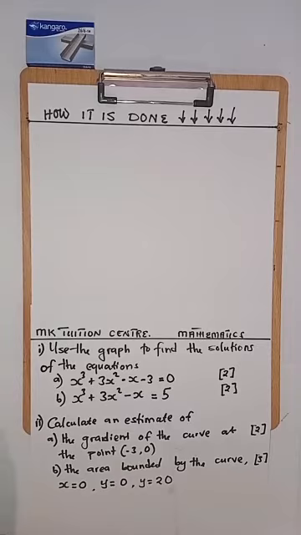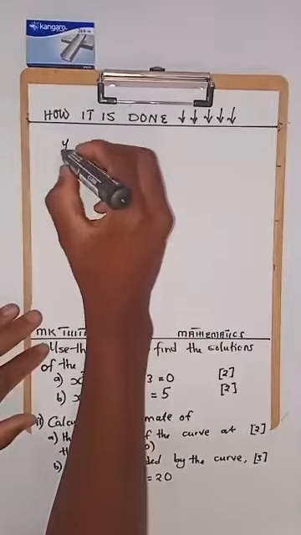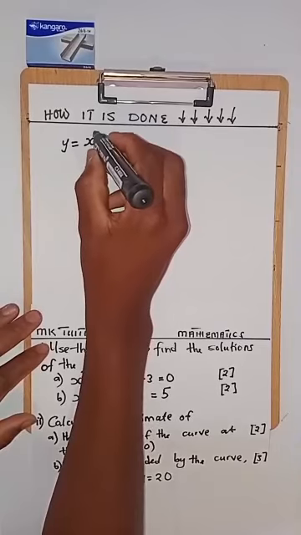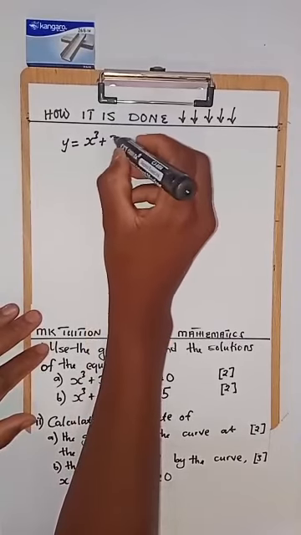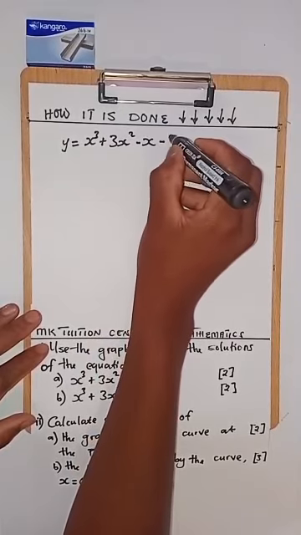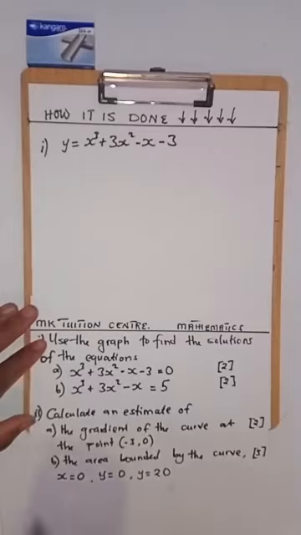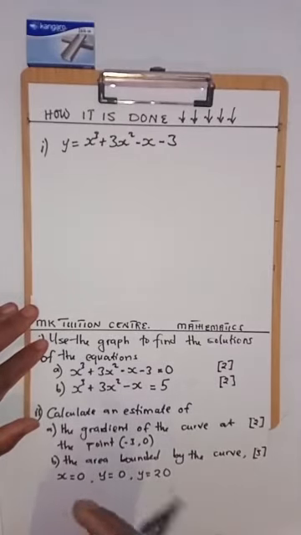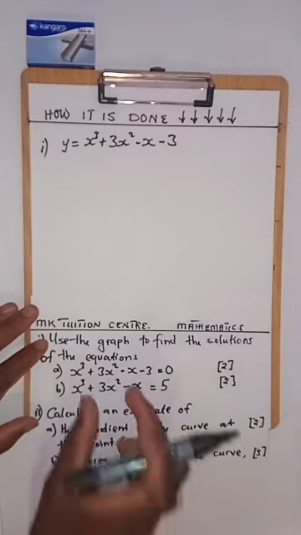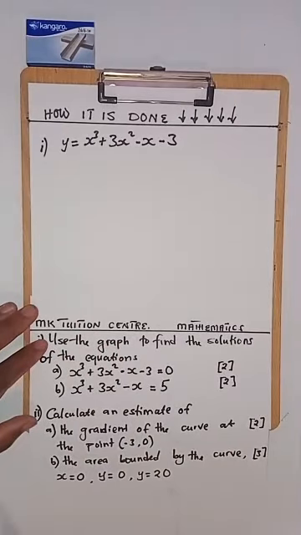We are going to get the original equation, this one here, which is y equals x to the power 3 plus 3x squared minus x minus 3. So now the first one, we are told to solve for this equation right here. So we're going to copy it the way it is. So this part will be this side and the 0 will be on the part for y.